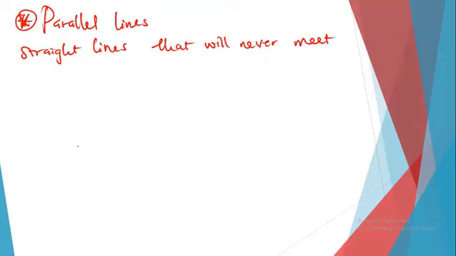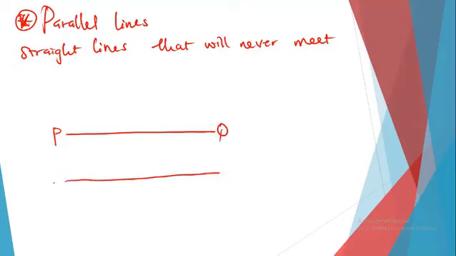For instance, if we have a line, say line PQ, and we have another line, say line RS. Now these two lines are parallel to each other because they cannot meet at any point.